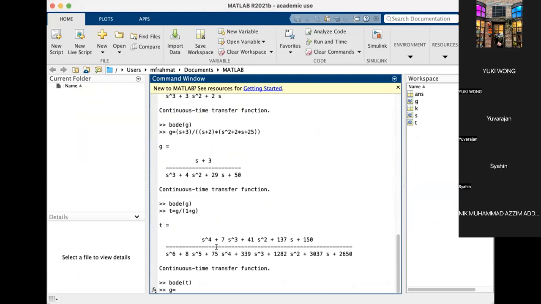So G is equal to 40 divided by S plus 2, S plus 4, S plus 5.